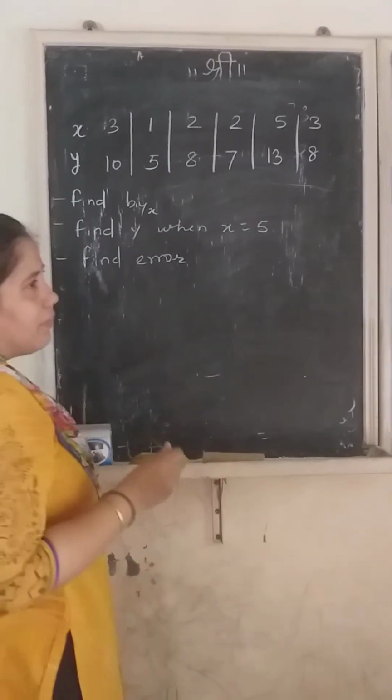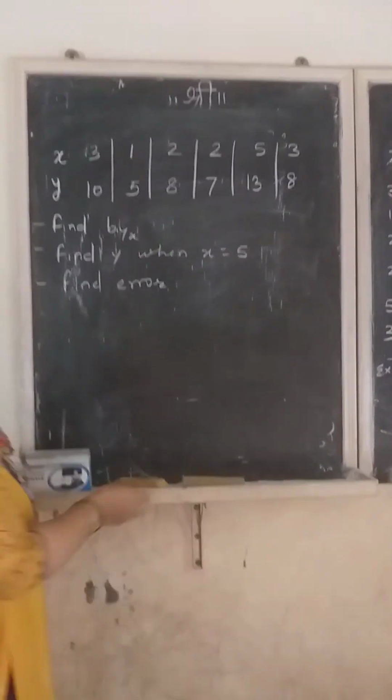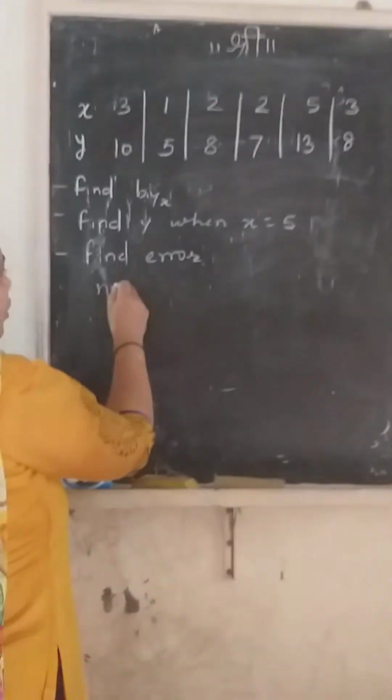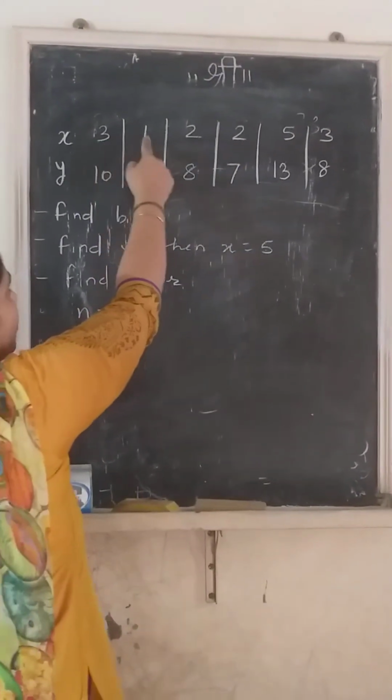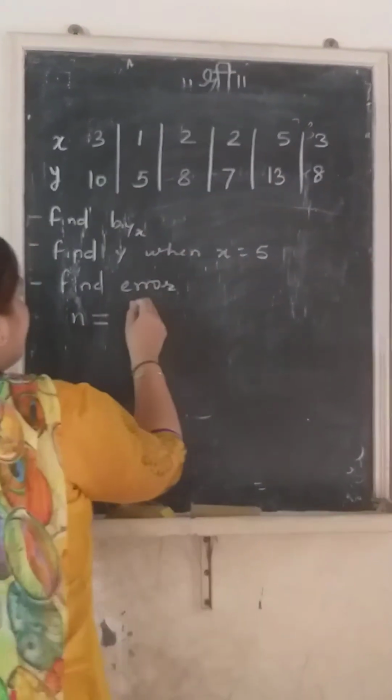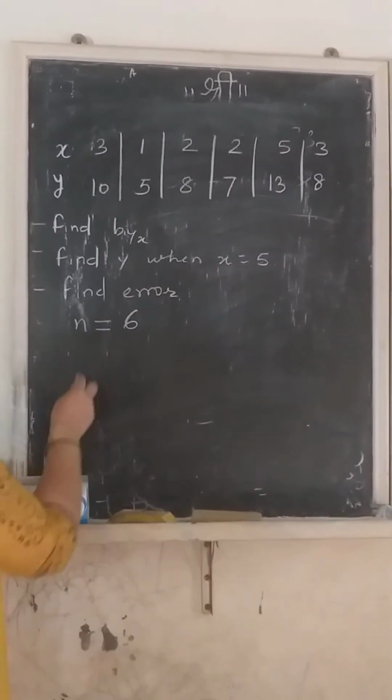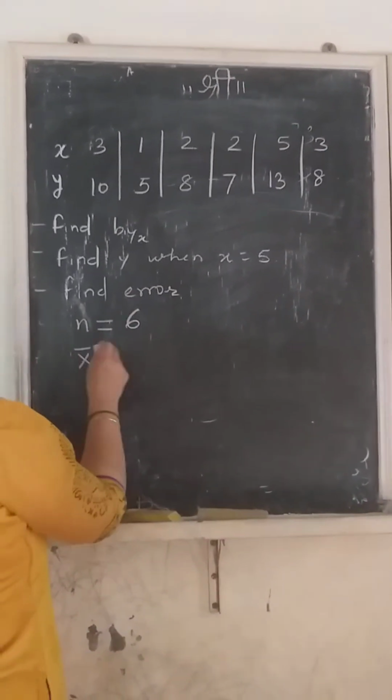So as our steps go on, what is our first step? We will first define what is n. So how many observations? 1, 2, 3, 4, 5, 6. So n is 6. The second step we will find x bar and y bar.